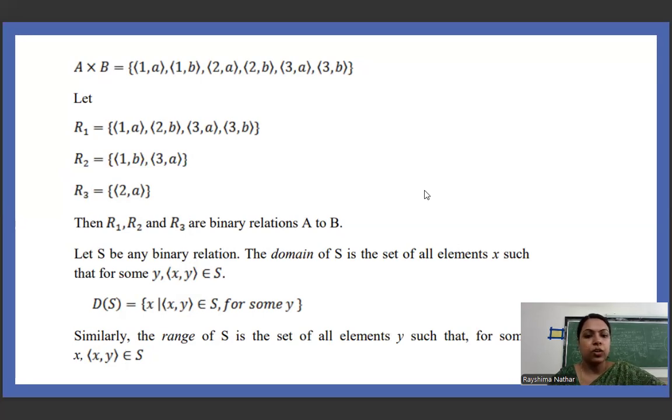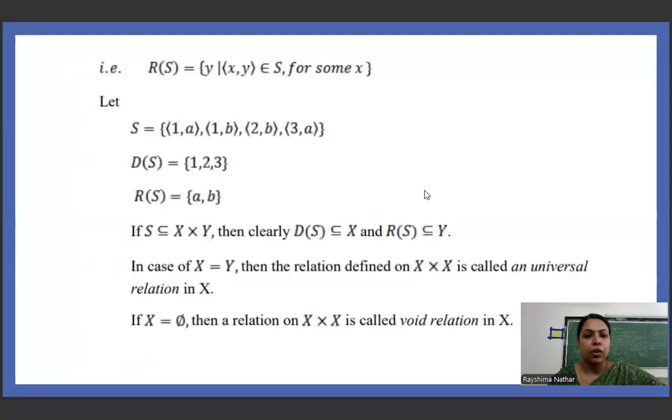Next, the range of S is the set of all elements y such that for some x, R(S) equal to {y where (x, y) belongs to S for some x}. The example for domain and range: if S equal to {1a, 1b, 2b, 3a}, here 1, 2, 3 are the domain and the range is a and b.